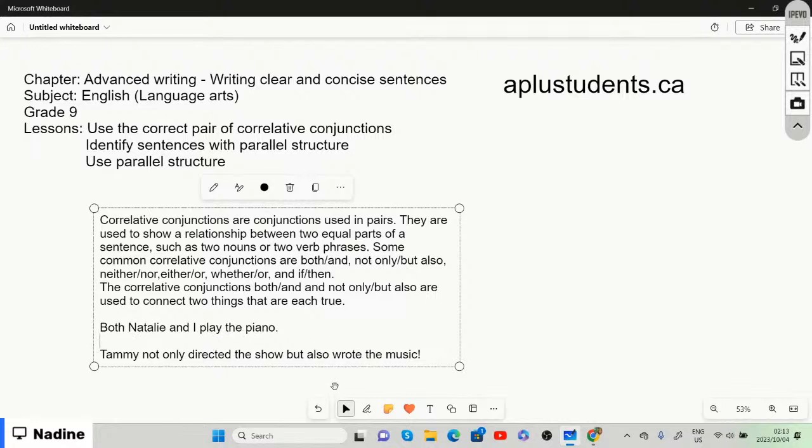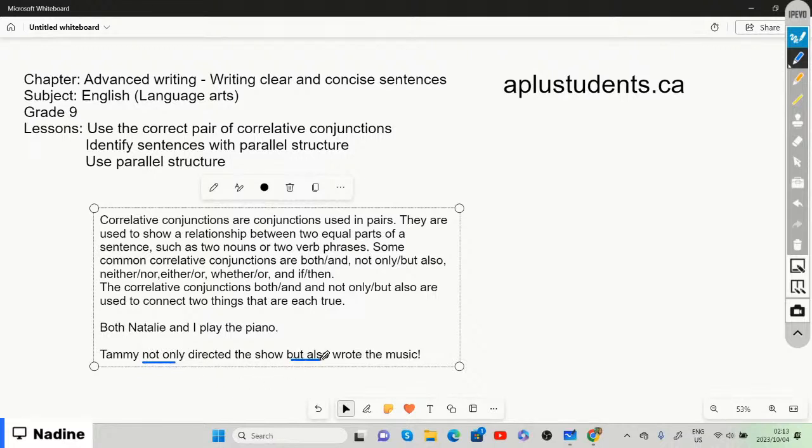And like I said, and is basically the most common conjunction used. And then, Tammy not only directed the show, but also wrote the music, which means that we used not only but also.